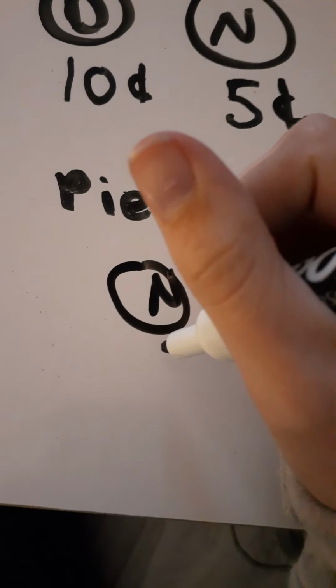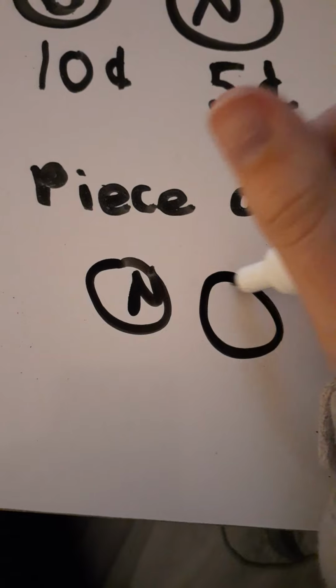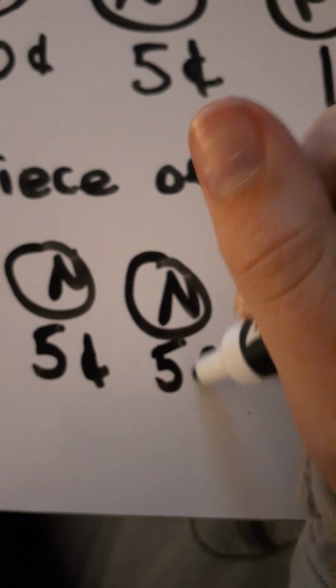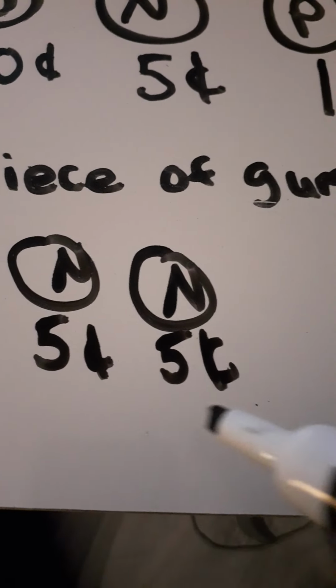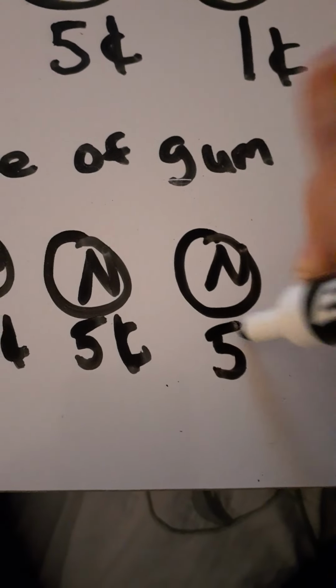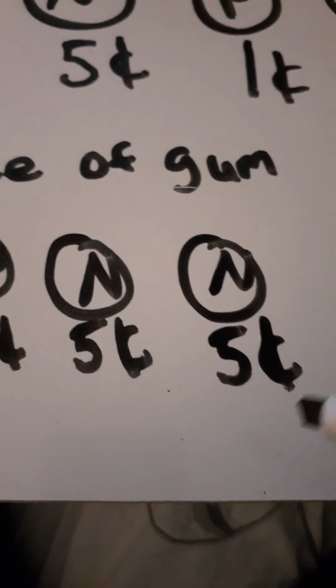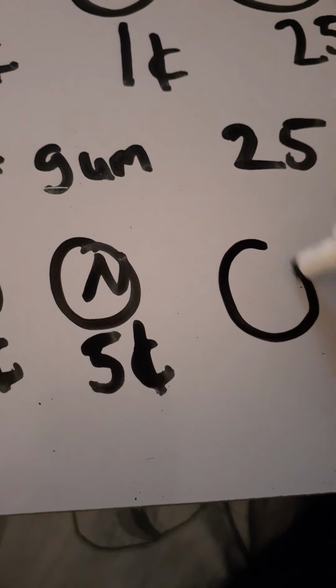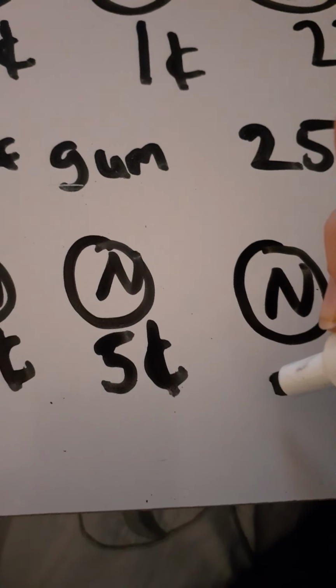So I have an idea. Let's say you only had nickels. Well, you could do a nickel, which is 5 cents. 5 more. So we have 5, 10. We can throw another nickel. 5, 10, 15. We can throw another nickel to add 5 more.